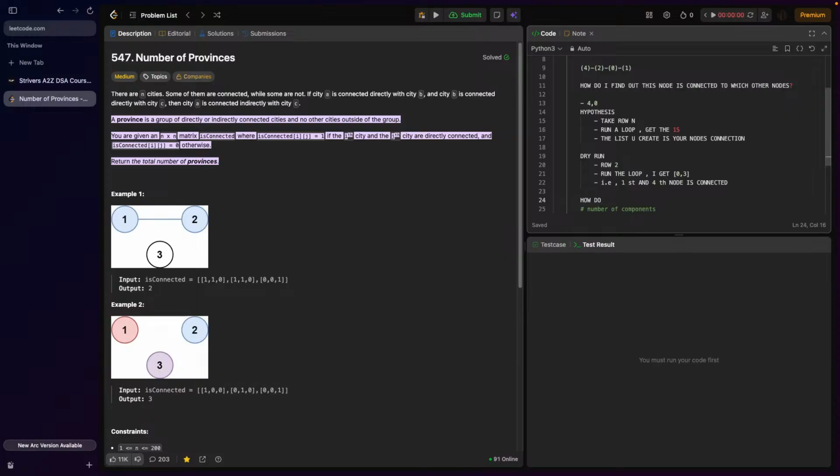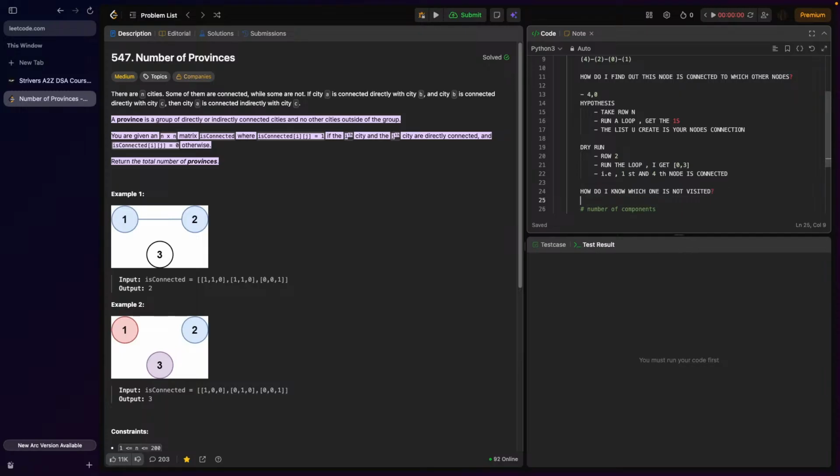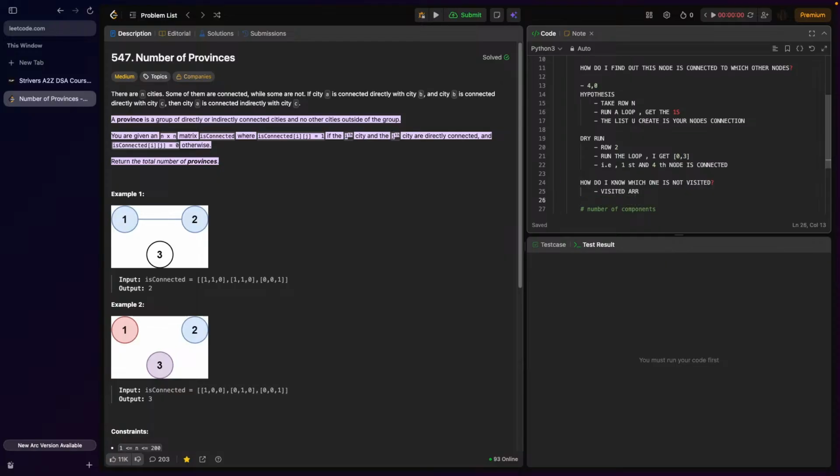How do I know which one is not visited? In your normal recursion DFS you would obviously know that. Again, put a visited array.